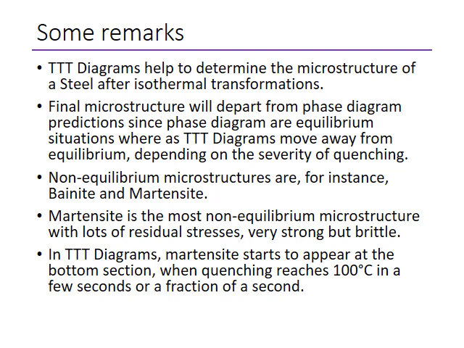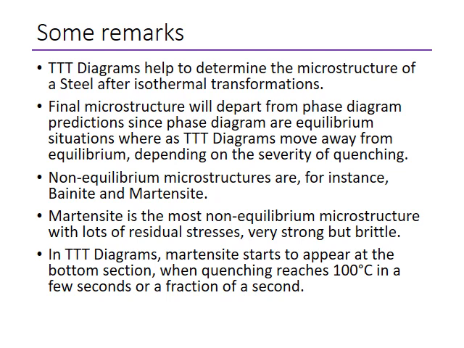Final microstructure will depart from phase diagram predictions because TTT diagrams are made from a quench and then reach an equilibrium at that temperature, but the quenching itself will affect the equilibrium conditions, and so the phase diagram won't apply exactly. For instance, we have a non-equilibrium microstructure, martensite, that we can't see in traditional phase diagrams, but we are able to see it in these diagrams.